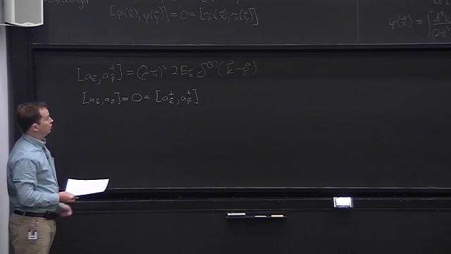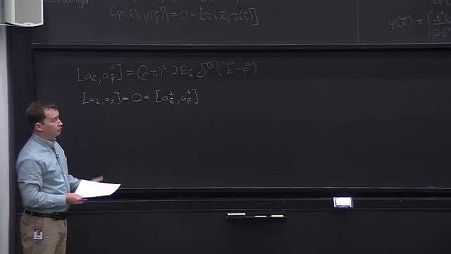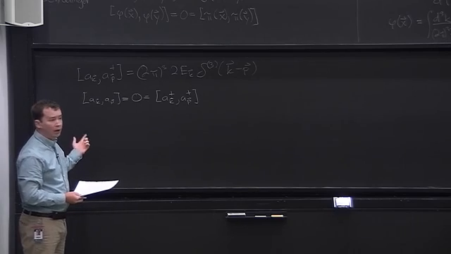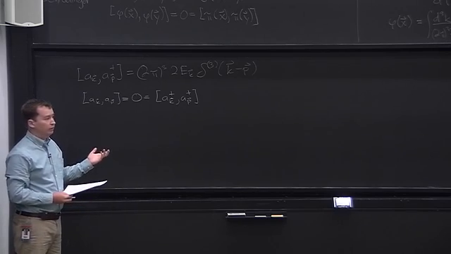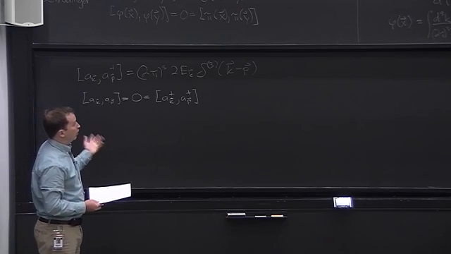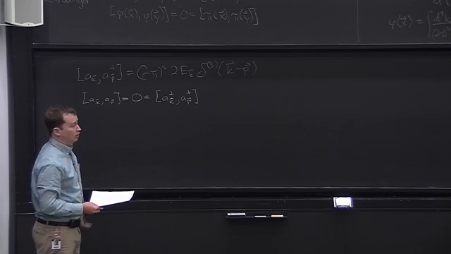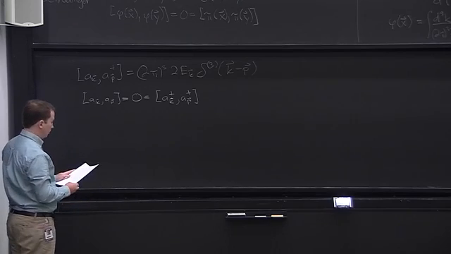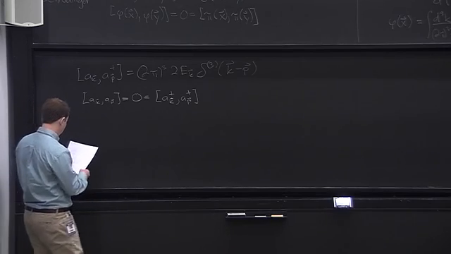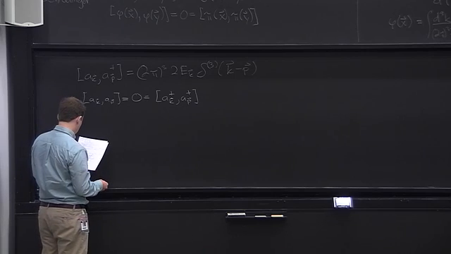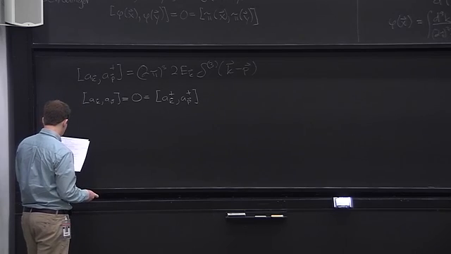We also found yesterday an expression for the Hamiltonian, which is a half of π squared plus a half m squared φ squared plus the gradient term.